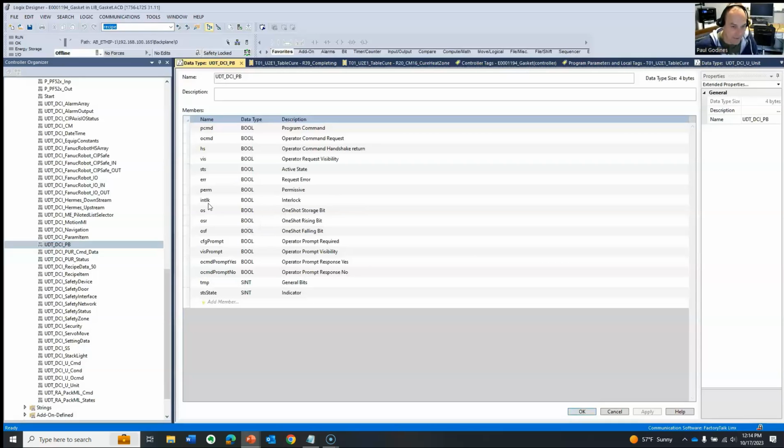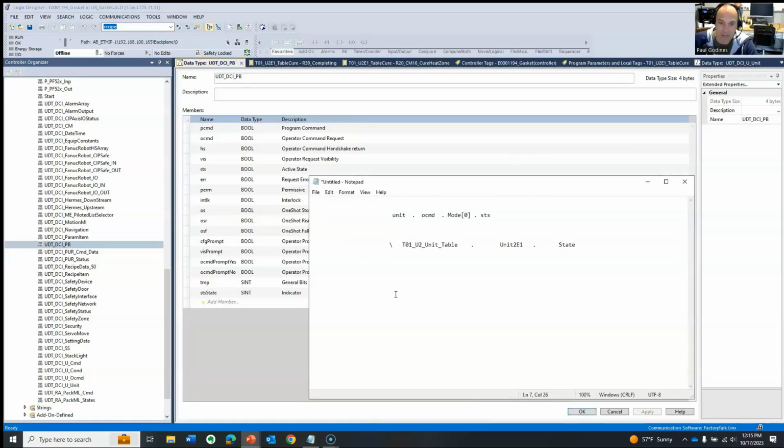You'll see a lot of these at times with the INTLK. Interlocks are used, one shot storage bits, config prompt required, and etc. So that becomes very common in some of these much larger programs that are trying to build some very well-defined state machines, okay?